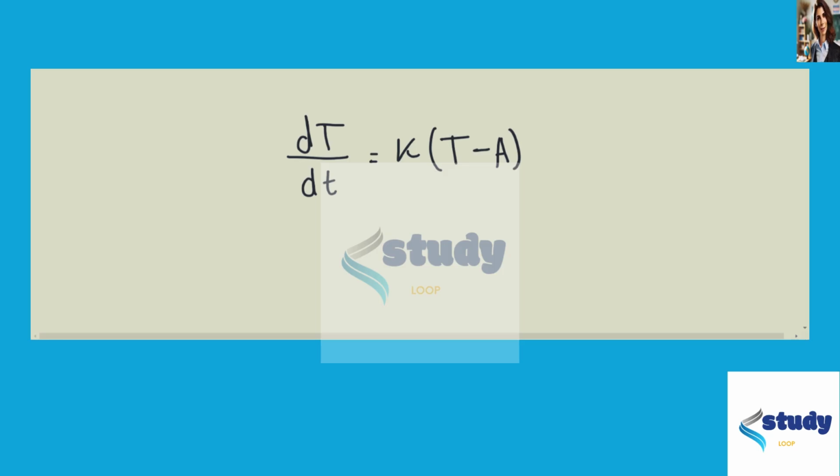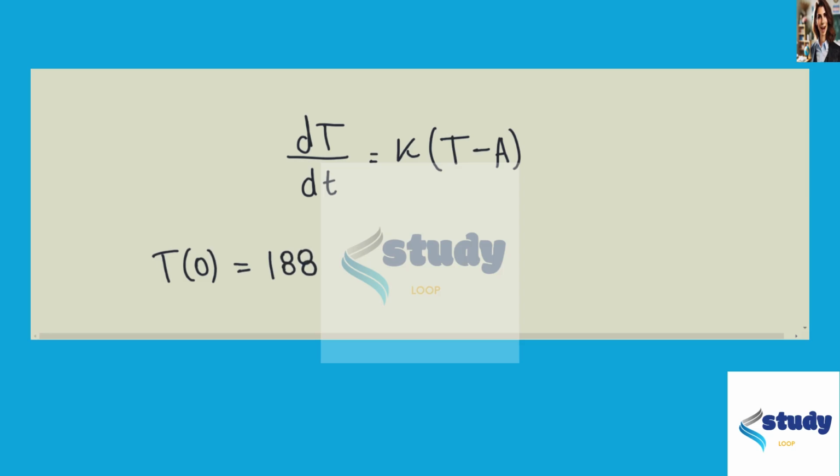Now, for these problems, we are given some information. We need to suppose that a cup of coffee begins at a temperature. So we are given the temperature at time equal to 0, and that temperature is 188.